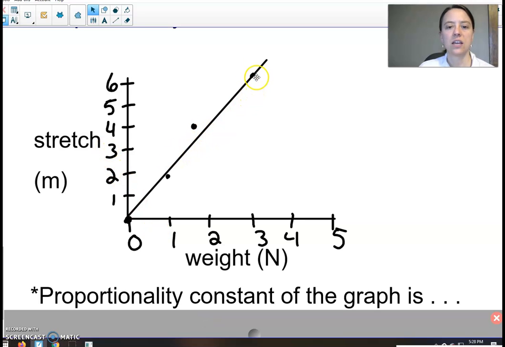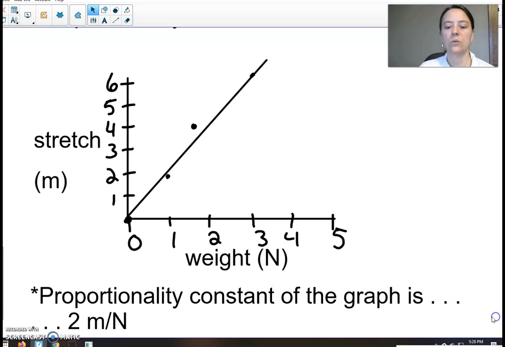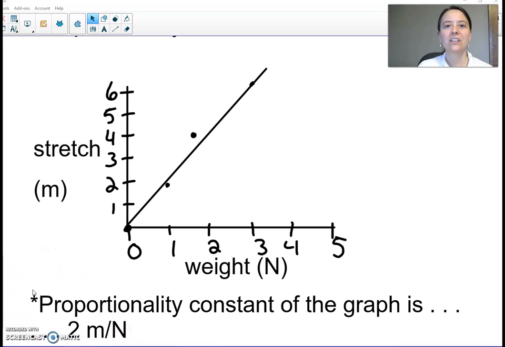So let's say about 6 and 3, our change in y is 6, and our change in the x direction is 3. 6 divided by 3 is 2. So 2 meters per Newton is our proportionality constant. Okay, great. That concludes our notes, and now we're going to move into our 1.3 questions.